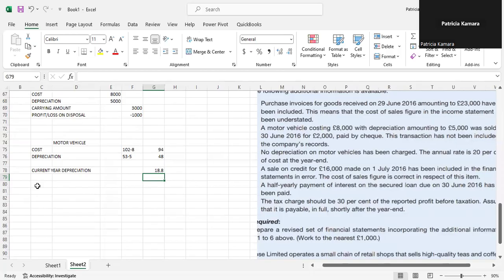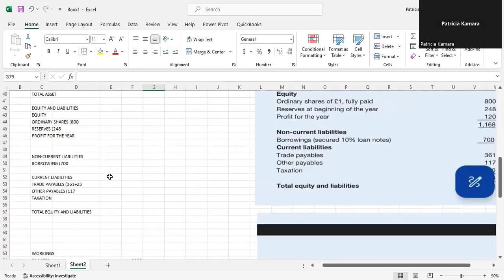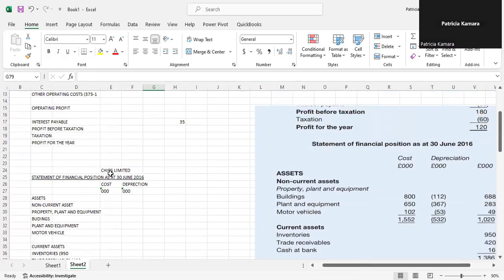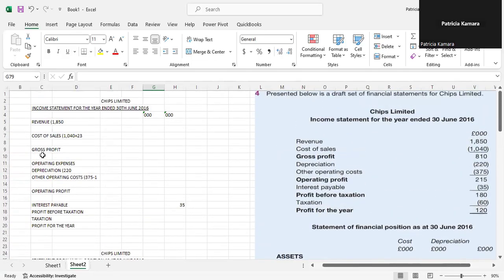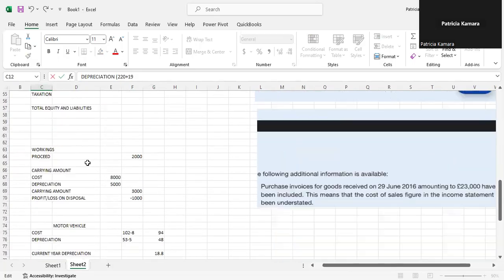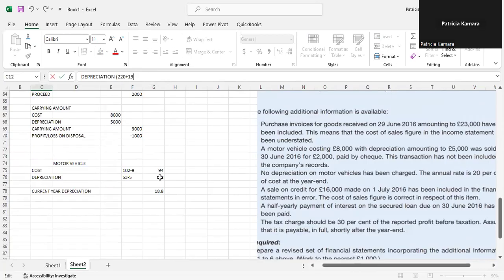So now we'll go to our depreciation figure in the income statement, and then we will charge that additional depreciation, the current year depreciation. And remember, it's also going to affect the initial depreciation that we had charged.